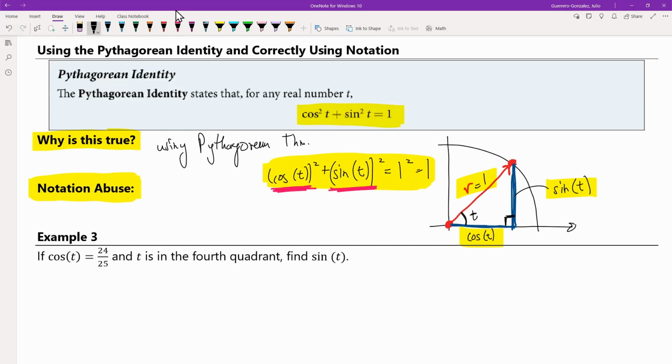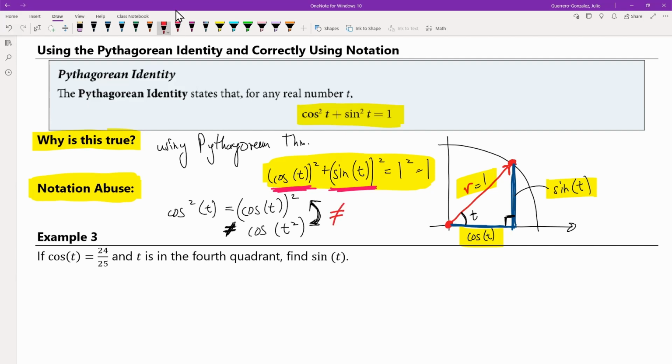When we write cosine squared of t, that is equivalent to saying cosine of t in parentheses, squared. That is not the same at all as cosine of t squared. These two things are not the same, okay?